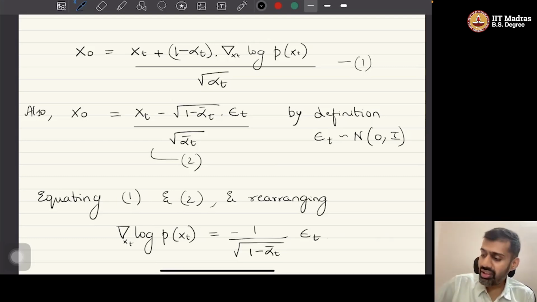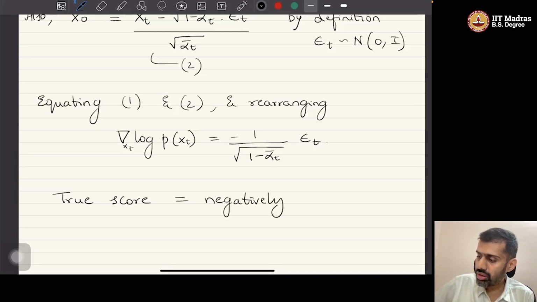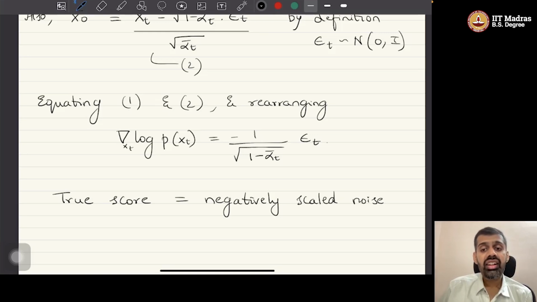Okay, so now this is a very elegant result which is showing that true score is simply the negatively scaled noise. So that's it. Now what we are saying is higher the noise, lower the score, and vice versa.